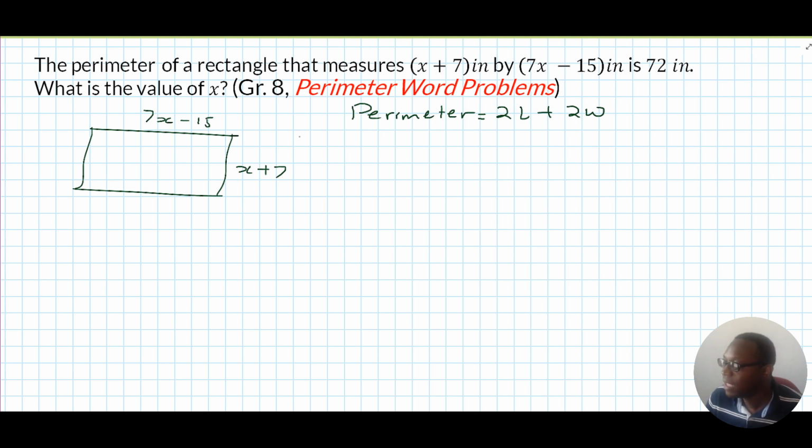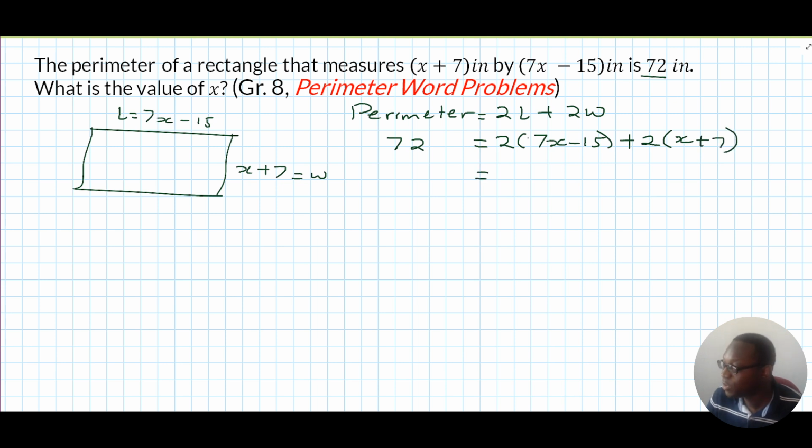Now our length we have here L equal to 7x minus 15, and this is our width. Our perimeter is 72. I'm going to write 72 here. Twice the length is 2 multiplied by 7x minus 15, plus twice the width. The width is x plus 7. Now we're going to simplify.